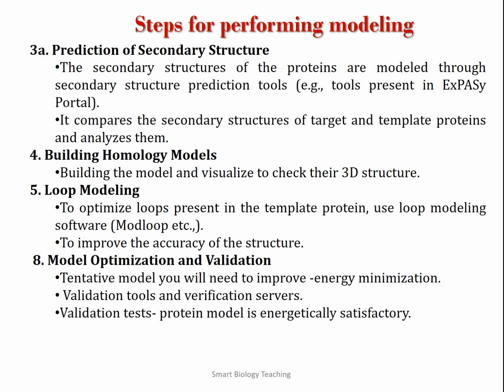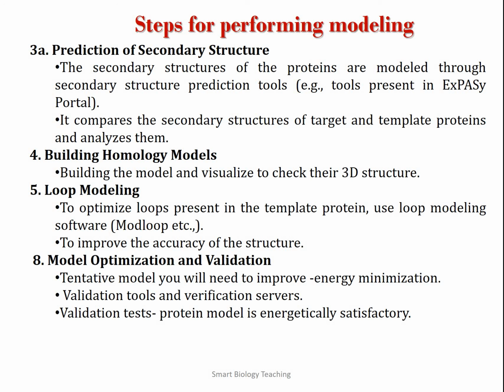For that you can use the ModLoop software, and you have other software also to optimize your loop. Then you can improve the accuracy of the structure using loop modeling. Then you are supposed to validate and optimize your model. For optimizing you go for energy minimization steps, which are available within the software itself.